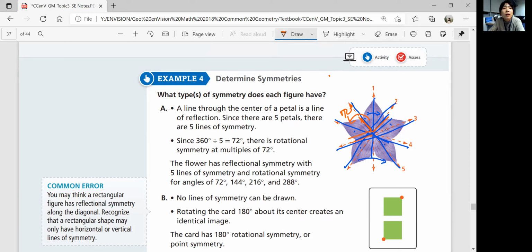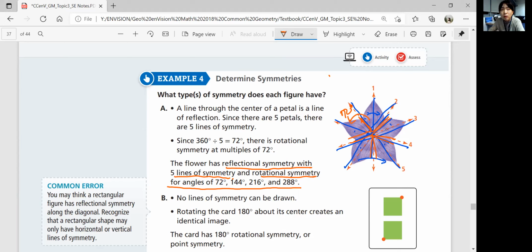So if you rotate each petal 72 degrees, it maps onto itself, okay? So this flower has reflectional symmetry with 5 lines of symmetry, and rotational symmetry for angles 72, 144, 216, and 288. Okay, you do not include 360. That is how you write the answer for this type of question.